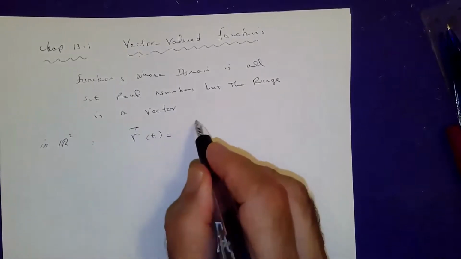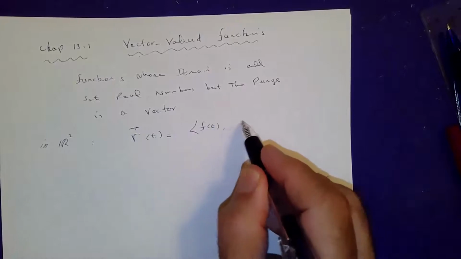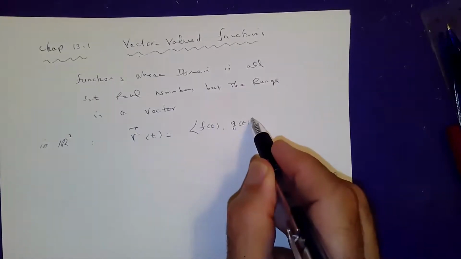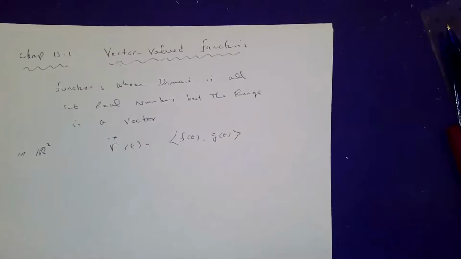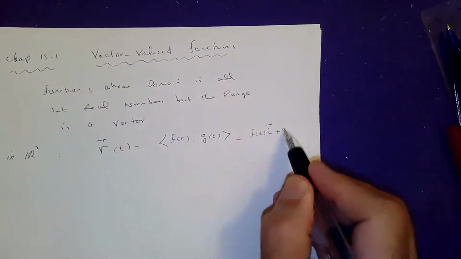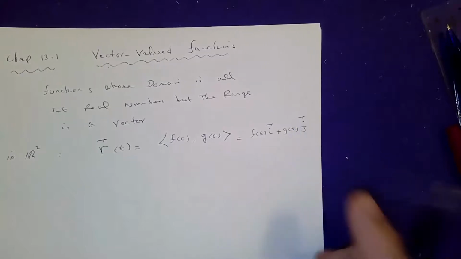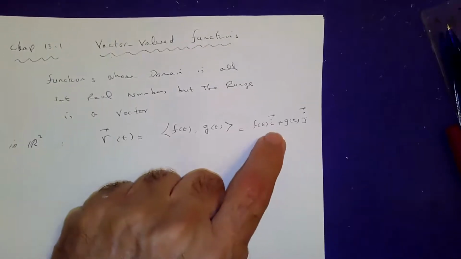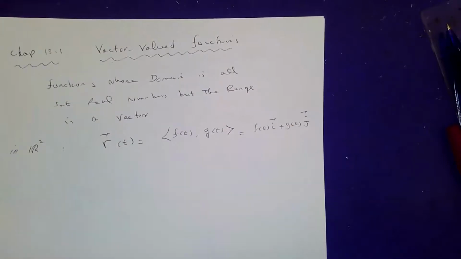r of t equals some function of t for the x component, and some other function of t for the y component. Notice I can also write this as f of t i plus g of t j, a linear combination of the standard unit vectors.